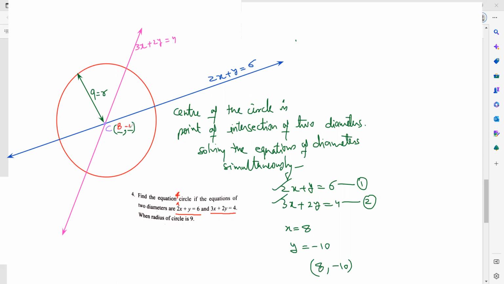So after getting 8 comma -10 as the center, now you can write the equation of the circle in center radius form.